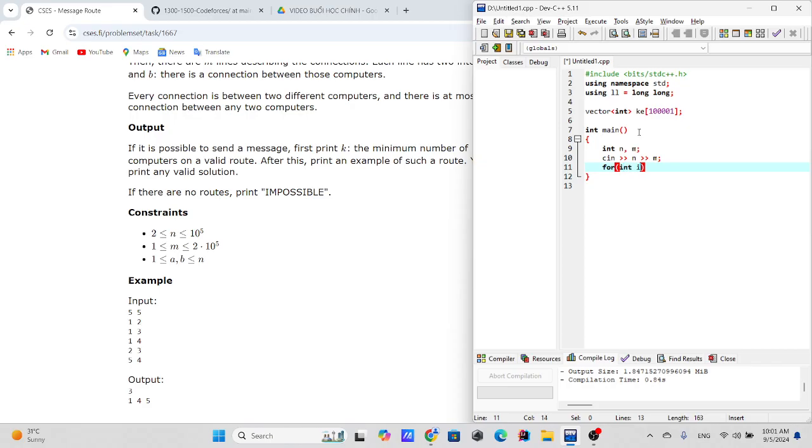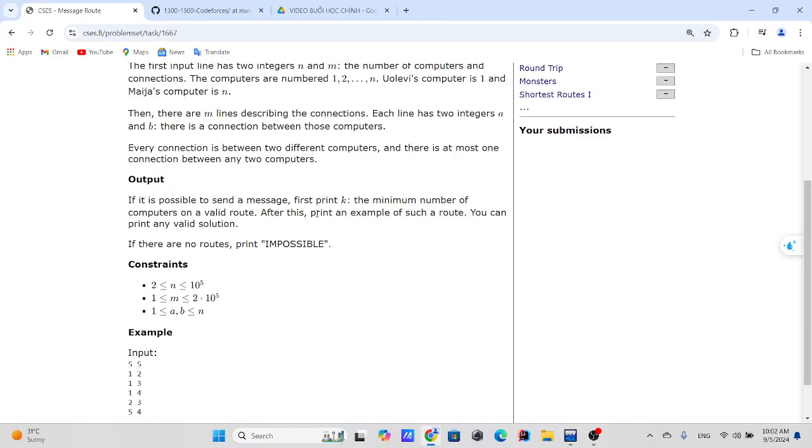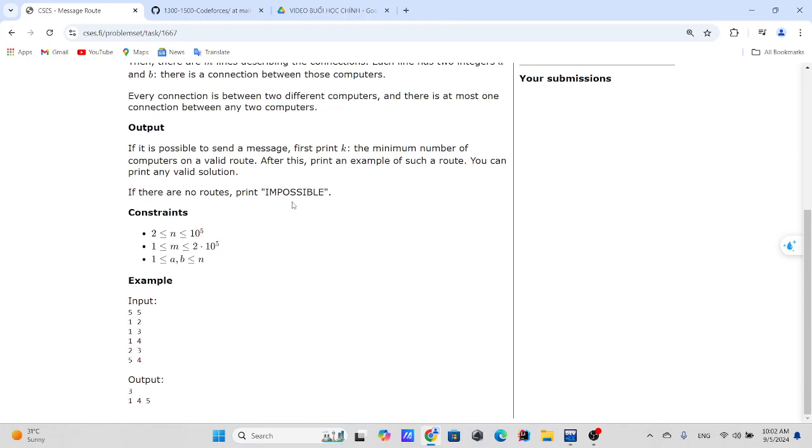Okay, so for 1 to m, let's read x and y, and x dot push back e and e dot push back x. Not that difficult, right? What now? If there are no routes, you can print. If it is possible to send a message, first print the count.